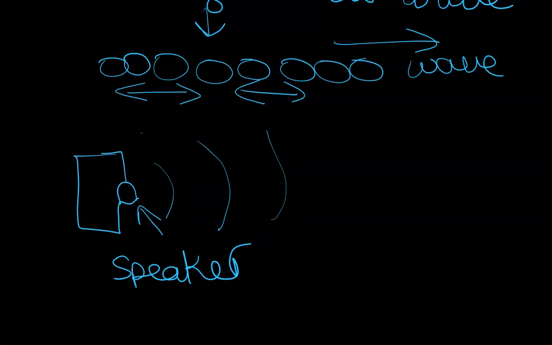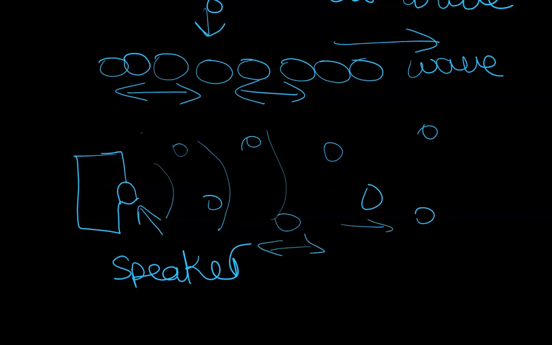When the speaker cone vibrates at the frequency that is transmitted by the electrical signal, it causes the surrounding air molecules to vibrate. These molecules will vibrate back and forth, and that is how the sound is emitted.